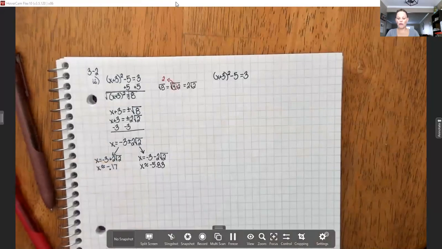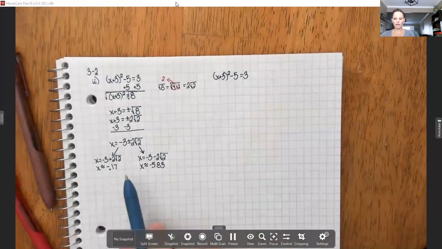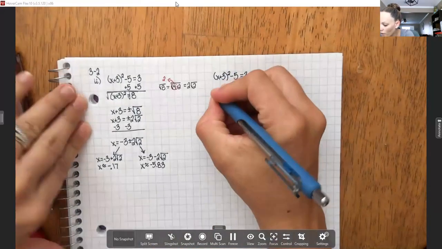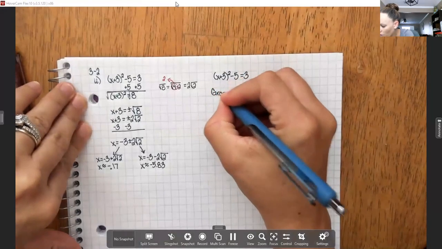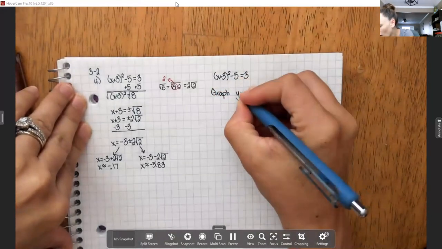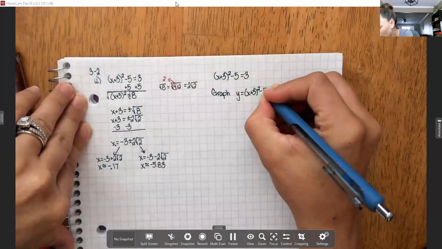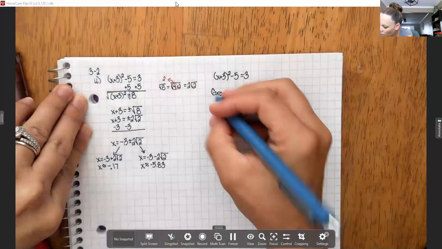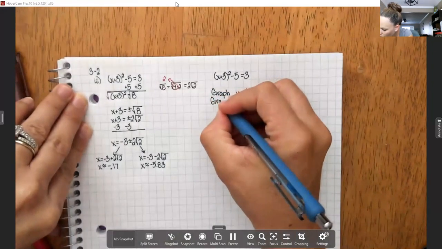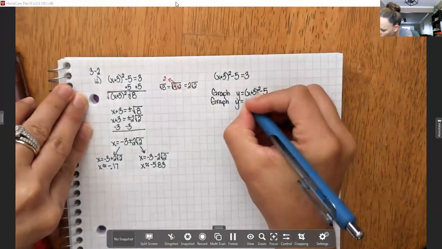Okay, so if we solve this again, we hope to get the same answer. So what we're going to do here is we're going to graph y equals x plus 3 squared minus 5. And we're also going to graph y equals 3.